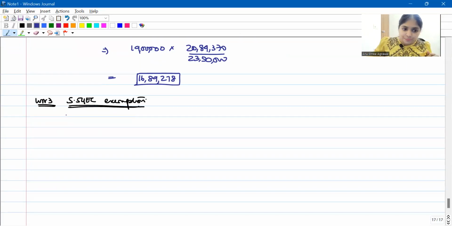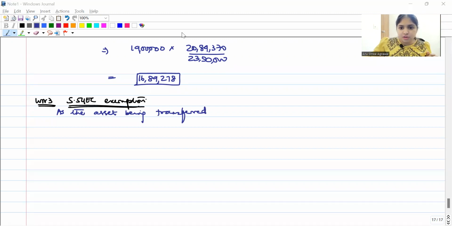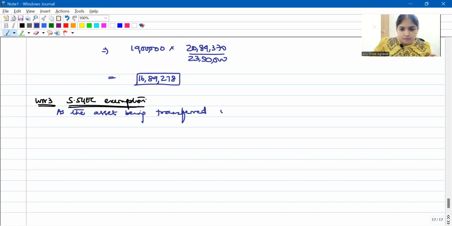No. So write down as the asset being transferred is not land or building or both.